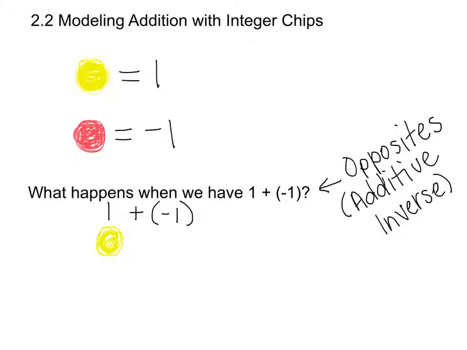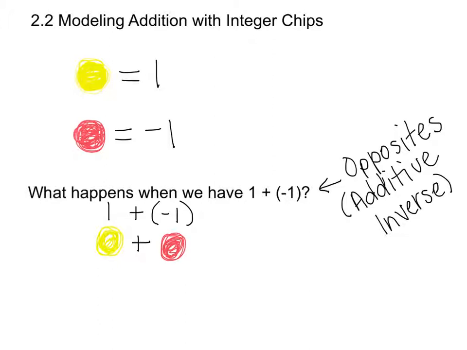I'm going to use a yellow integer chip to represent the +1 and a red integer chip to represent the -1. Now you can think about these as soldiers. You've got the positive side and the negative side, and whenever they come together, they battle out, and I know this is kind of graphic, but it's like they kill each other.